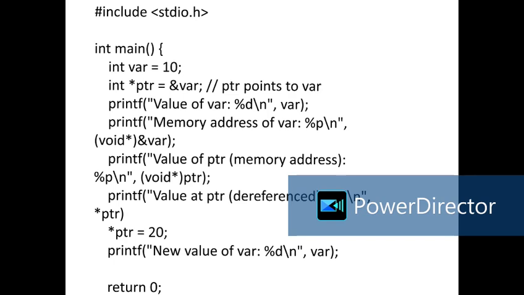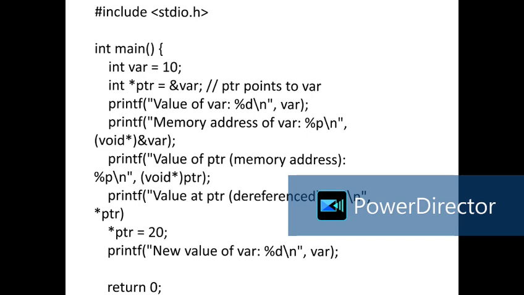Now this is the powerful part: *ptr = 20 changes var directly. That is the essence of indirection. Now check this out. printf("%p", &var) prints the address of var. printf("%p", ptr) prints the same as &var. printf("%d", *ptr) prints the value, 10 or 20.